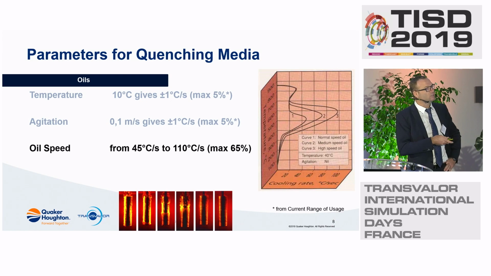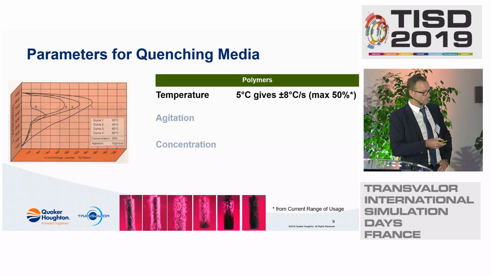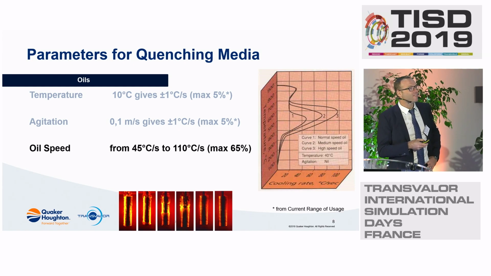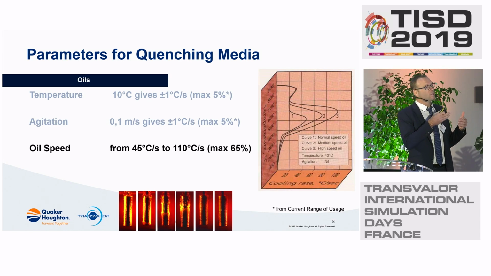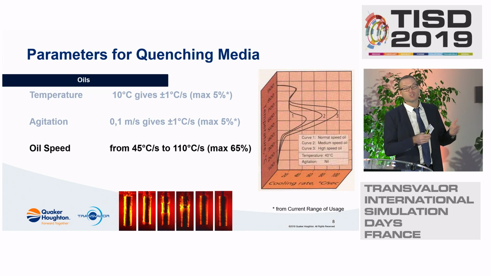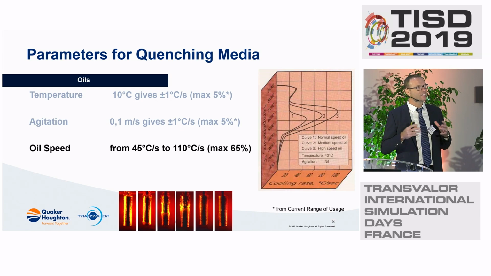And the last one is the oil speed. We have a very wide range of speed of the oil, depending on what we want. The speed without any accelerators is something like 45 degrees per second. But with the experience that we have, different types of accelerant help to achieve very high speed.